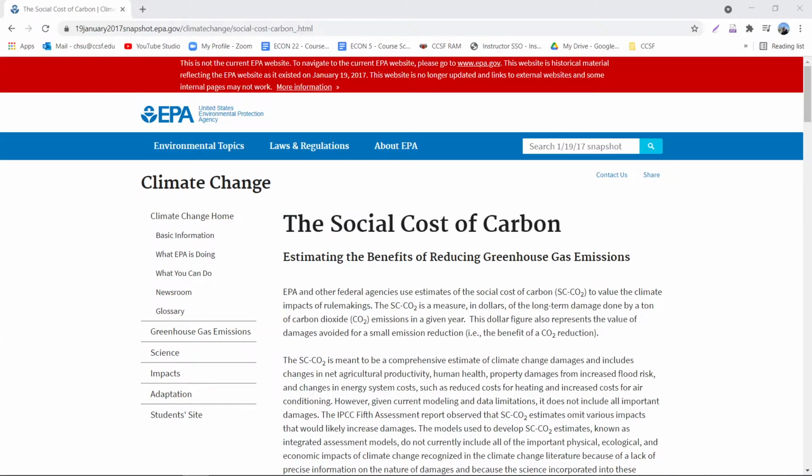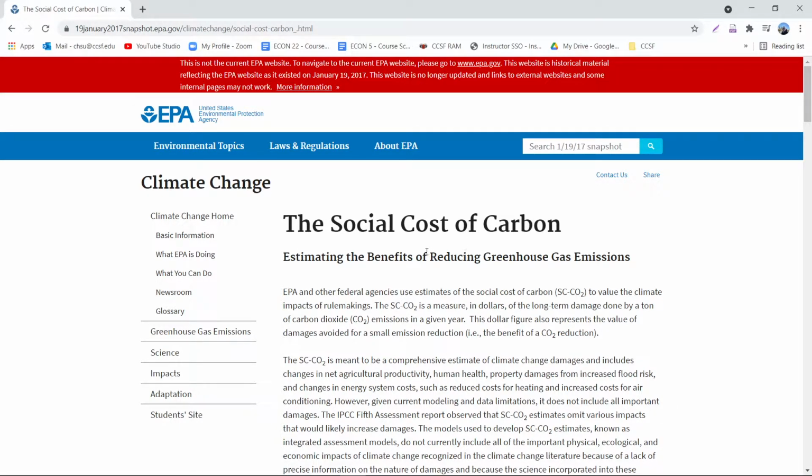Let's take a look. So here is an EPA webpage, or I should say a former webpage on the EPA website. Unfortunately, if you look at this notice on top, this is not the current EPA website. During the Trump administration, this website was taken off.